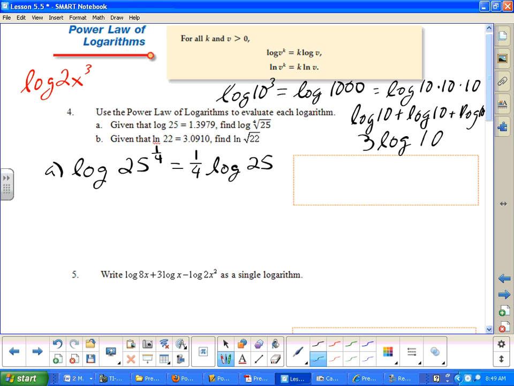Now these rules are important because we're going to be doing some simplifying, and we're going to be utilizing all of those properties. So for letter B then, natural log square root of 22, 22 to the 1/2, so 1/2 natural log of 22. So we just need to multiply the numbers in A and B, the log of 25 and natural log of 22, by that number.